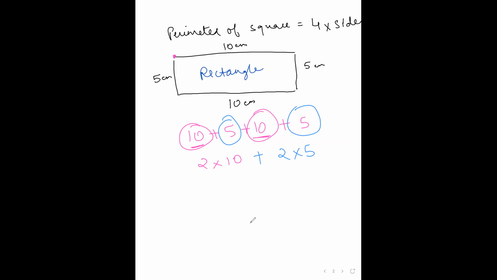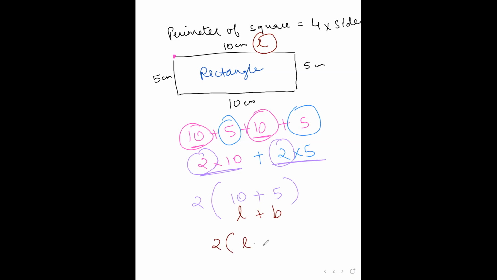When you take 2 as common, because here 2 into 10, 2 into 5, we take 2 as common: 2 multiplied by 10 plus 5. And what is your 10? 10 is length, right? And 5 is breadth. So L plus B. This is how we get the formula, 2 times length plus breadth.